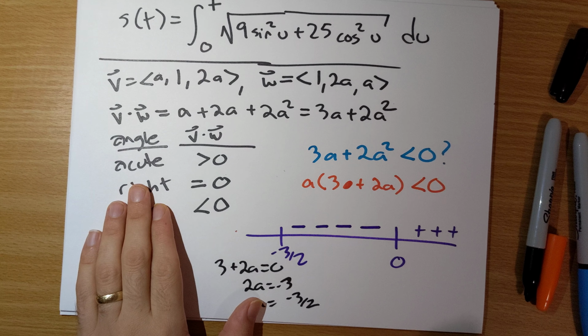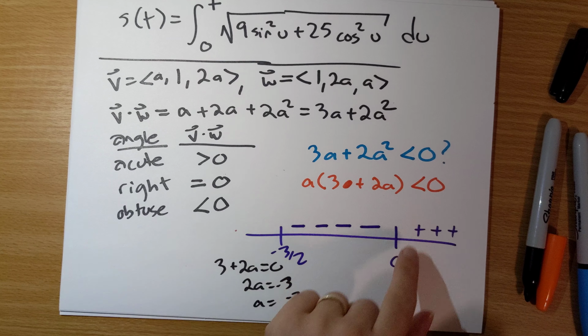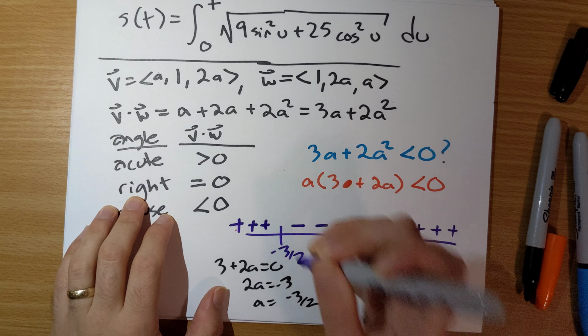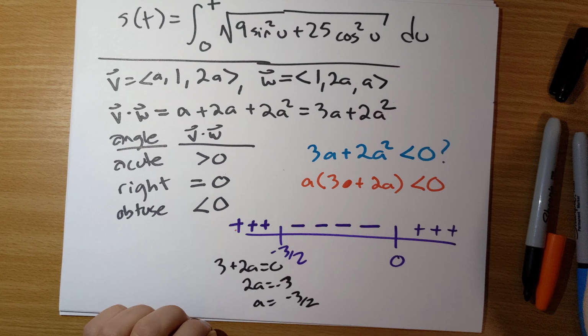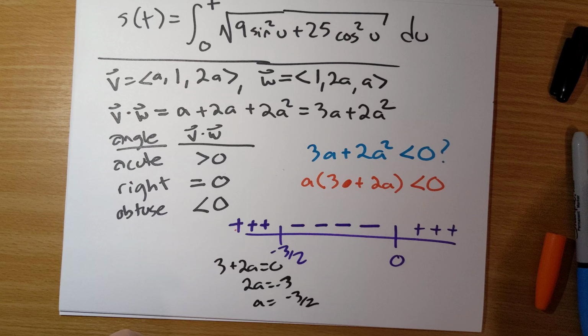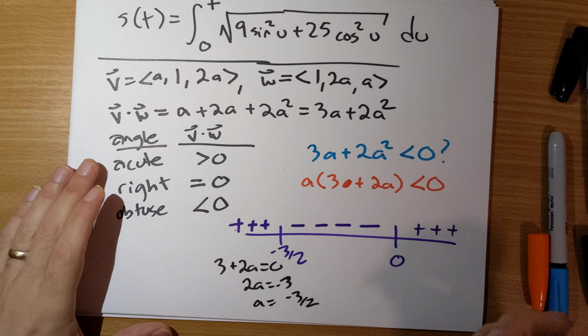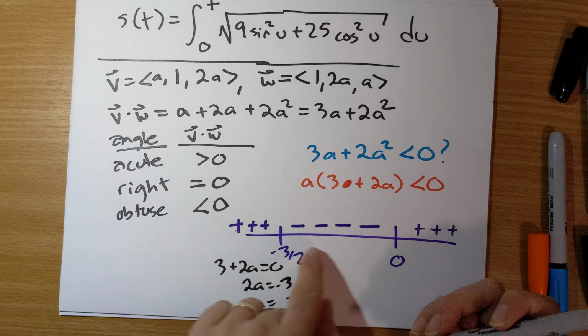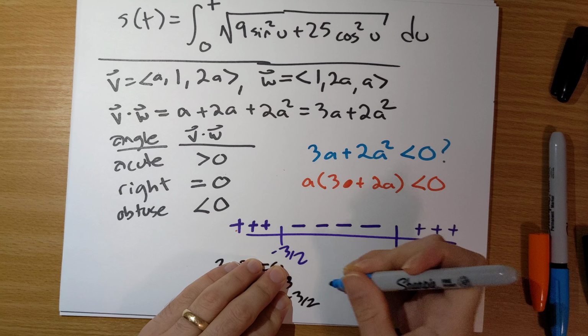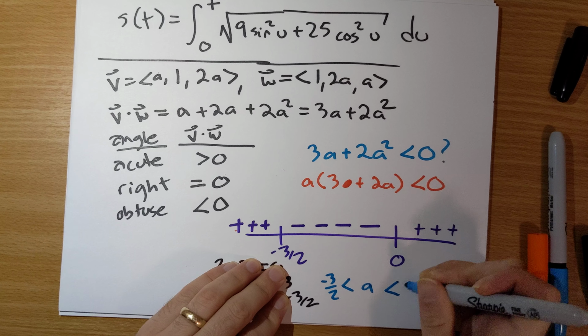So that's what we want. But if a is less than negative 3/2, both of these terms end up as negative. Multiply them together, get something positive. So the only allowable values of a that make this quantity negative are a between negative 3/2 and 0.